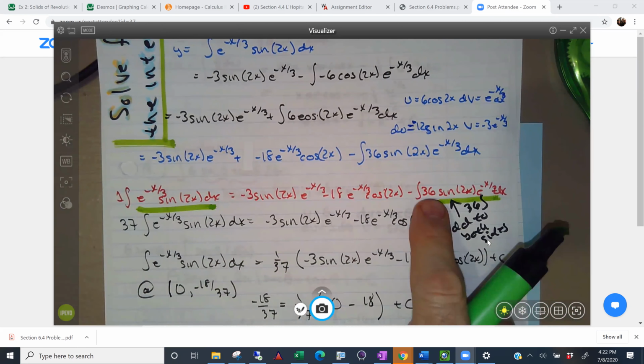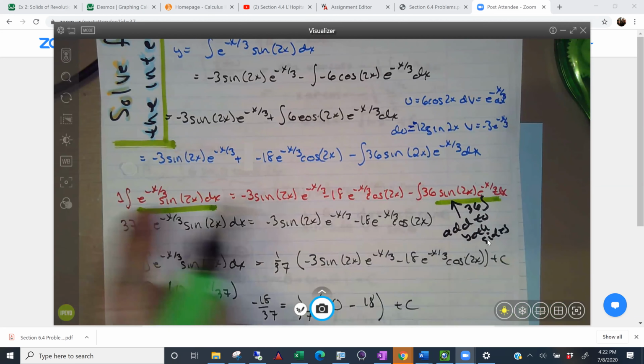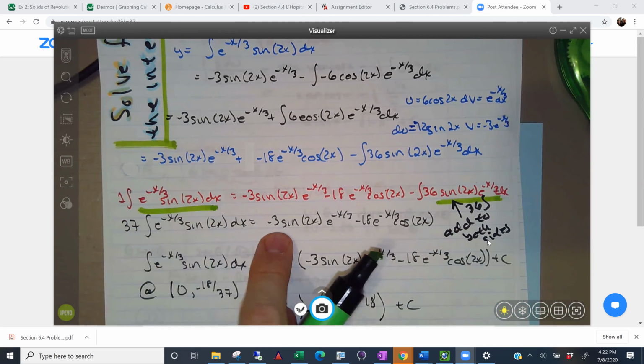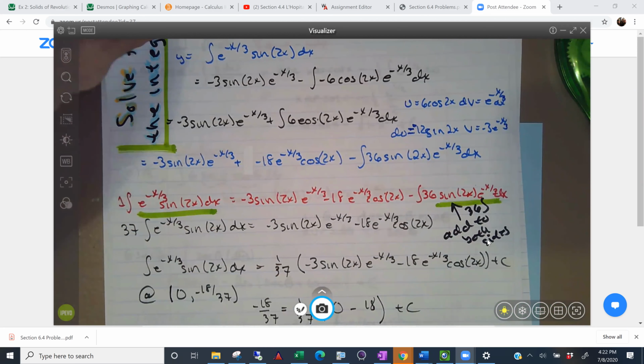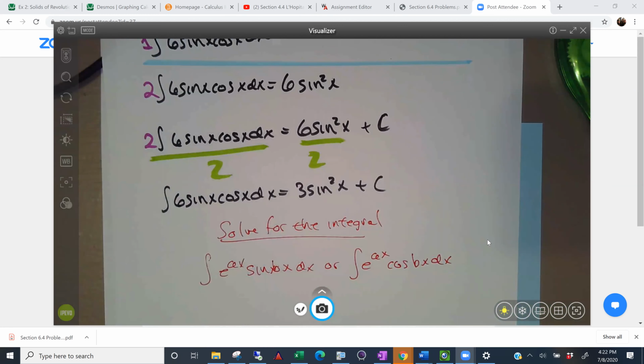So I added 36 of those to both expressions. So 36 and 1 gave me 37, and then you divide and solve. So it works out kind of the same. It's just with these, you've got to be a little bit more careful with the constants. Okay, like I said, I'll put that one in the notes.